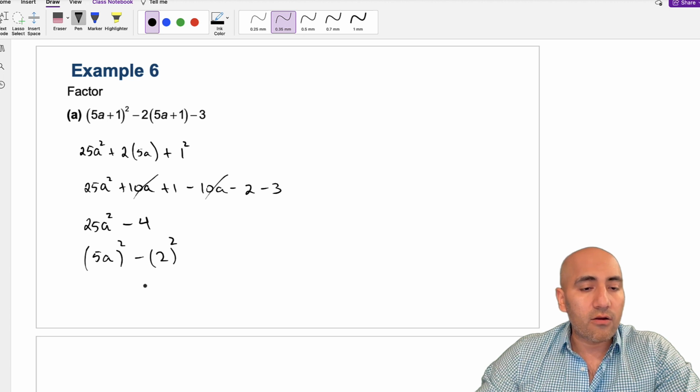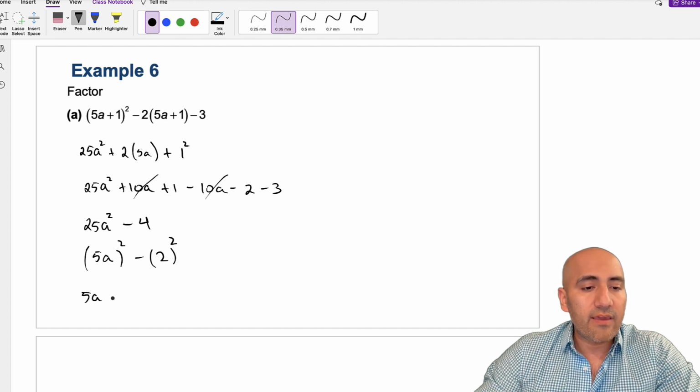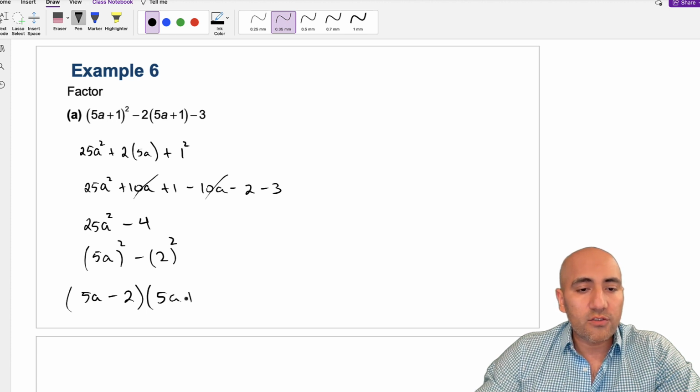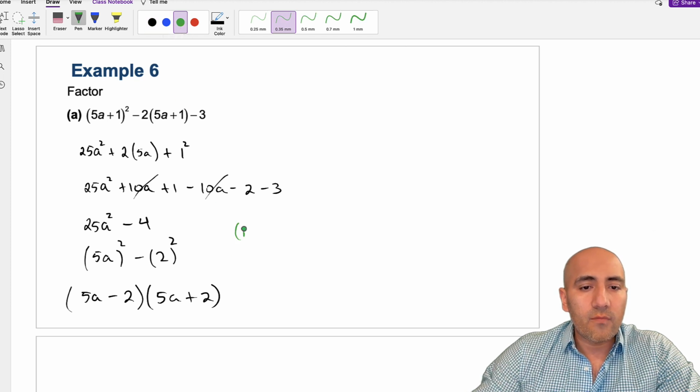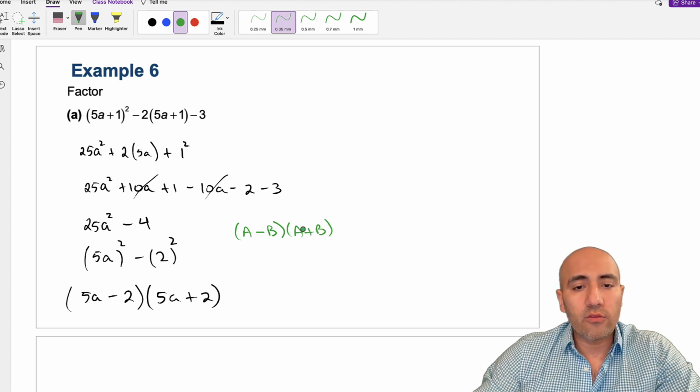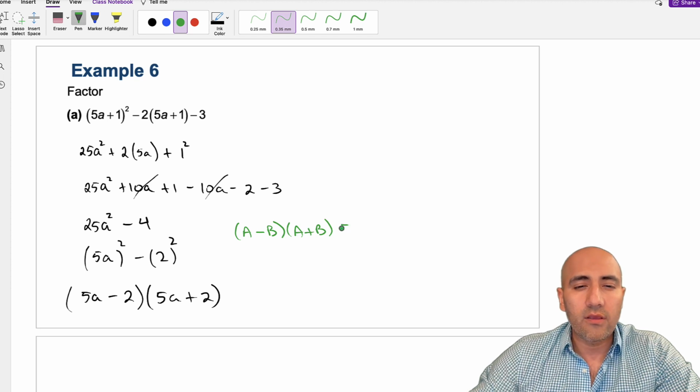So then by our third technique, factoring special products, this is just a pattern that I can remember. When we have a difference of squares, I know that this is going to be the 5a minus the 2 times the 5a plus the 2. Just remembering that if I have (a minus b) times (a plus b), and I FOIL this whole thing out, the middle terms are going to cancel out, and this gives me a squared minus b squared.